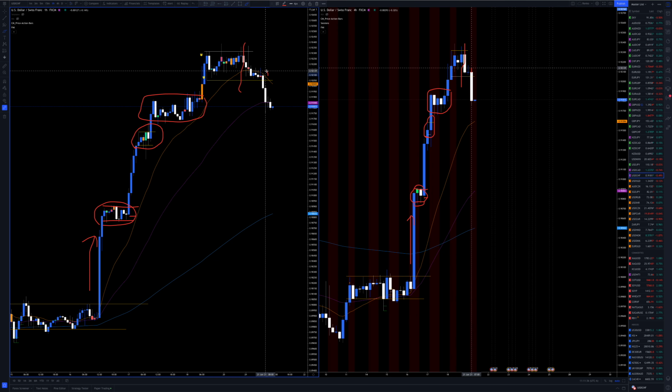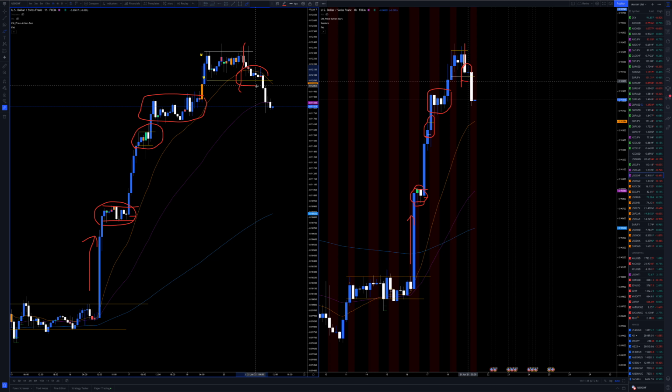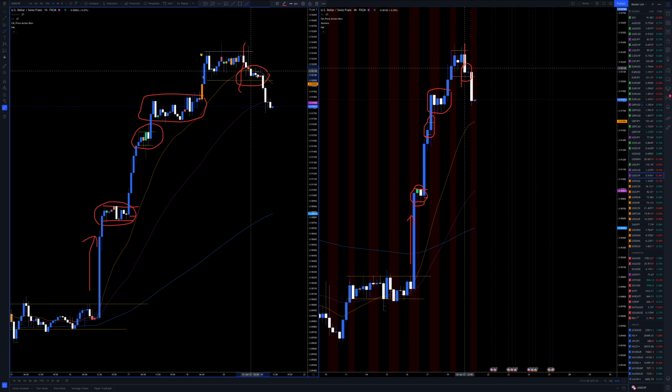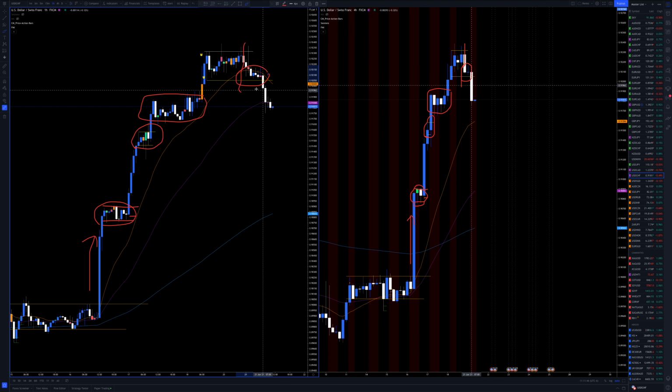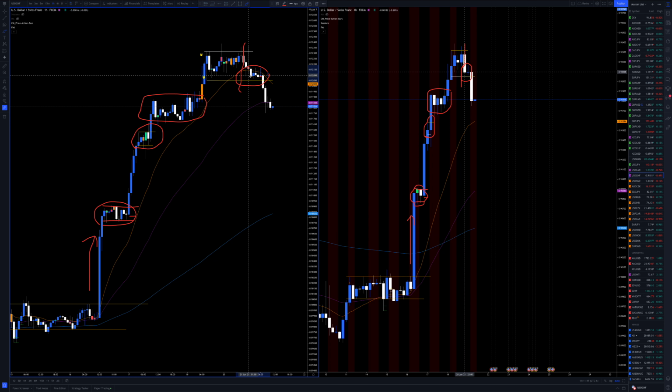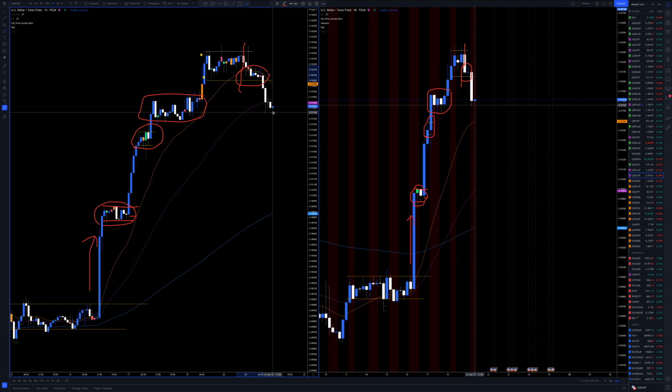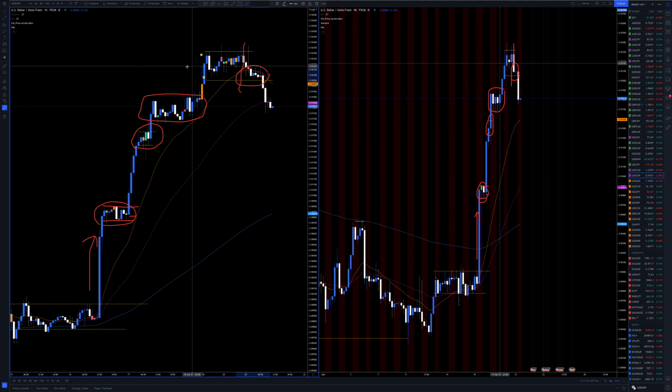And then what happened? Well, you can see here, instead of using the 20 as support, we switched to using it as resistance. So this is the picture of a breakdown about to happen. Right, super tight range, and then price breaks down, boom, and now it's been selling off pretty much all day since then.